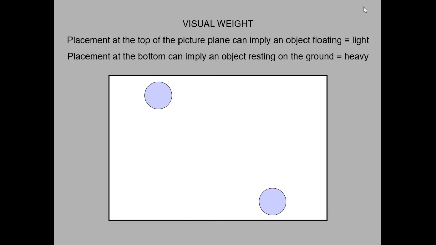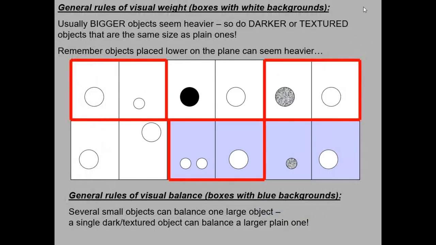Things lower in the picture plane are down near our feet, because we spend most of our lives as upright beings. Down for us is close to the ground, right? And that's an idea that we use visual weight to imply in our painting and drawing.